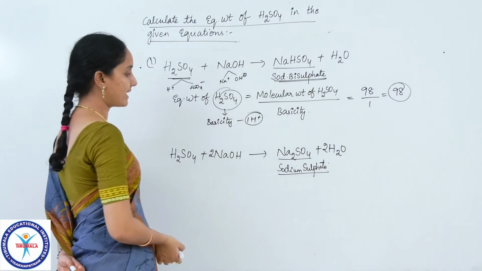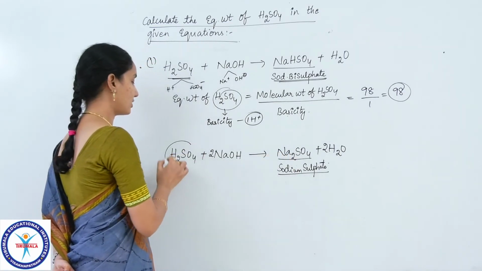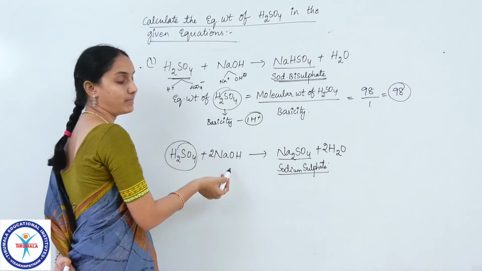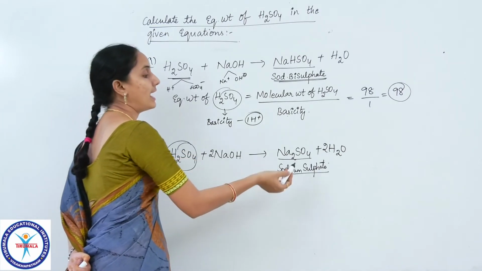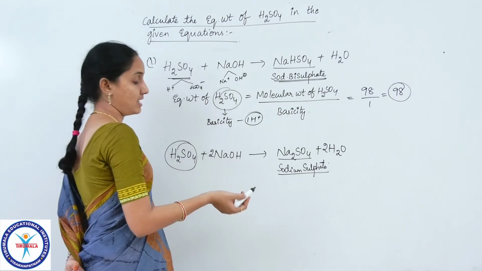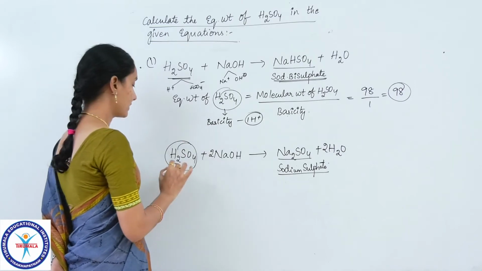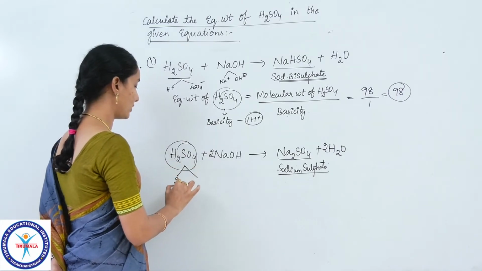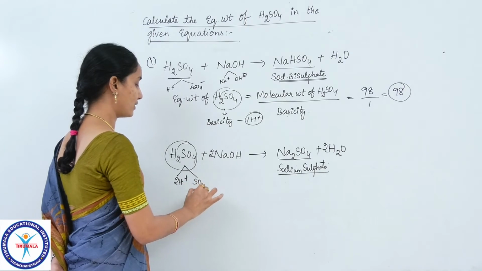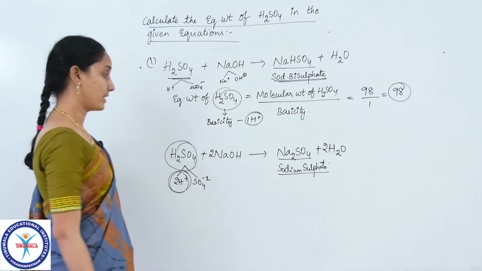Now according to the second equation, if you see, here H2SO4 has reacted with sodium hydroxide and it produced sodium sulfate, and all the hydrogens are being displaced by sodium. So here it splits into 2 H plus ions and SO4 2 minus ions. So now it is producing how many H plus, children? 2 H plus.